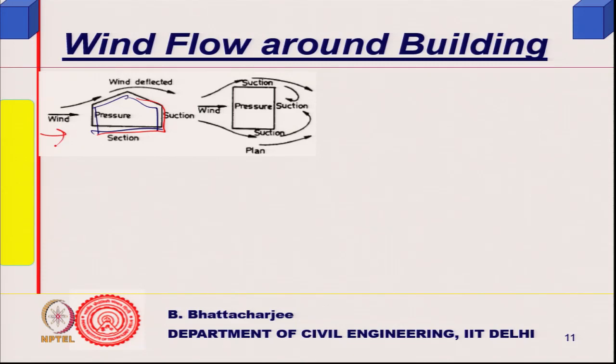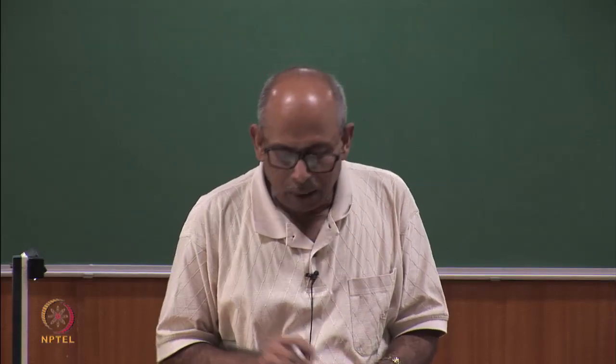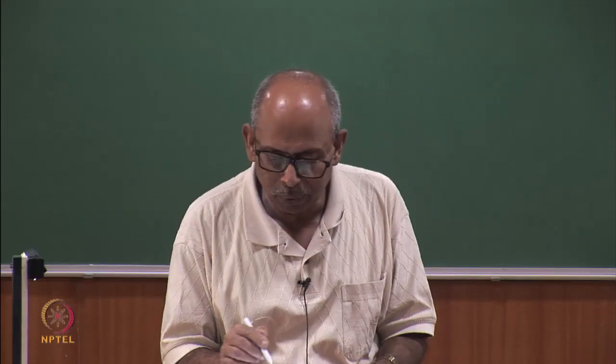Now, wind direction is this, at the moment let us assume it is normal. So, it will get obstructed here. There will be excess pressure here, and it would flow in this manner. There will be a partial vacuum, a suction, here. So, on the windward side you will have excess pressure, on the leeward side you will have partial vacuum or suction. That results in flow through the building itself.